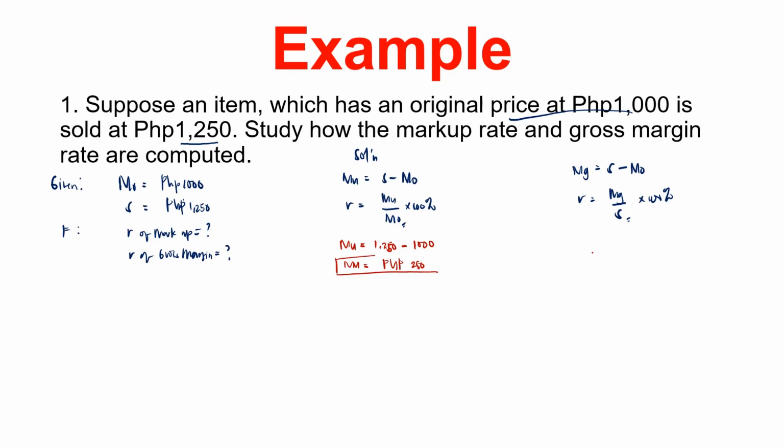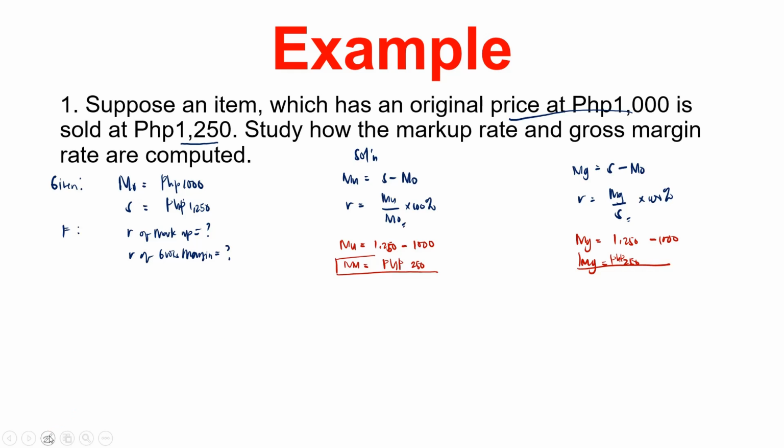Okay, next, let's get the gross margin. So gross margin is equal to selling price minus the cost price. So it is the same with the markup. So 1,250 minus 1,000. So you will get the gross margin of 250 pesos.